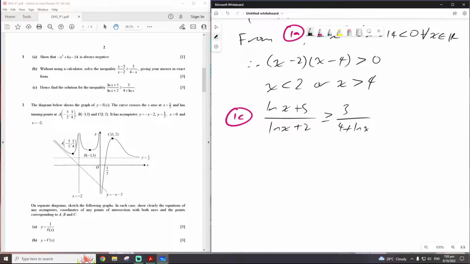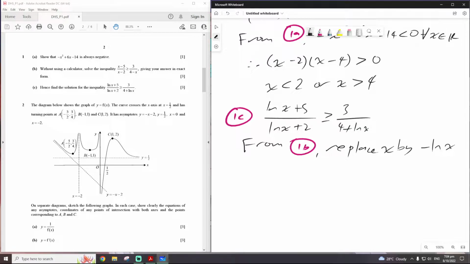If you think about it, you actually need to use part 1b to help you. So from part 1b, replace x by minus ln x.